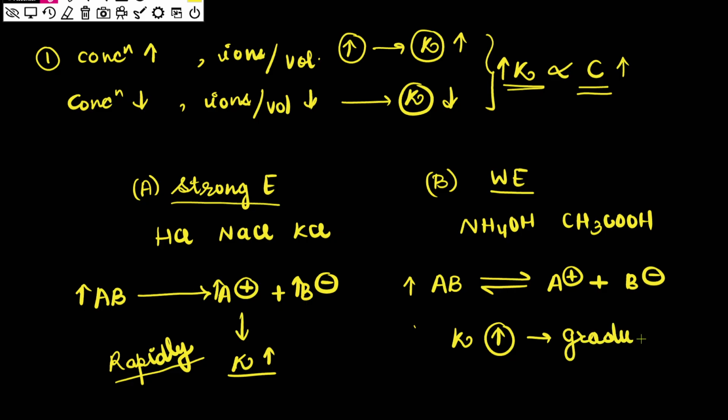Meaning it will not increase as rapidly as it was increasing in the strong electrolyte condition. So this is the first important point, that if we are increasing the concentration of a strong electrolyte, the conductivity will increase rapidly, and if we are increasing the concentration of a weak electrolyte, the conductivity will increase but gradually.